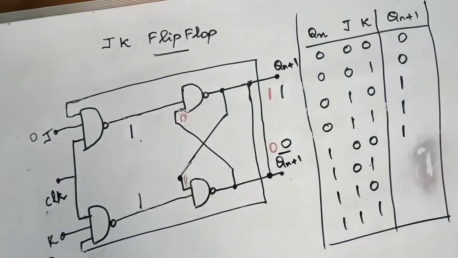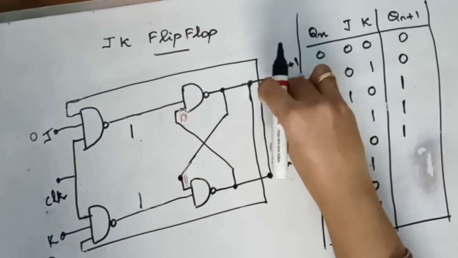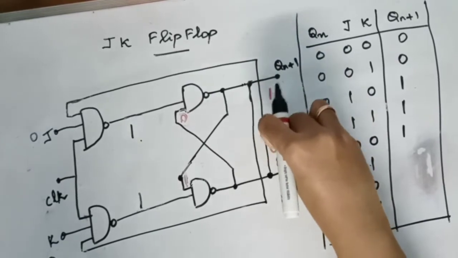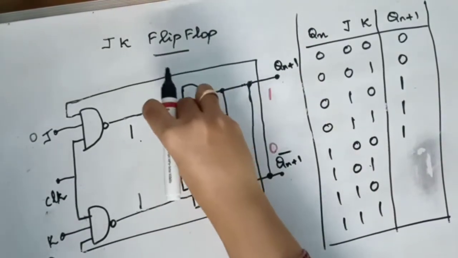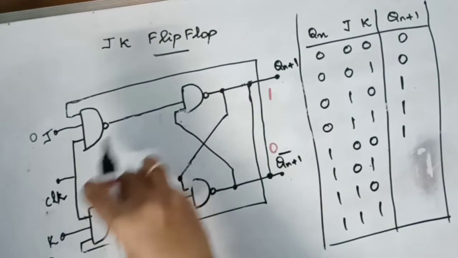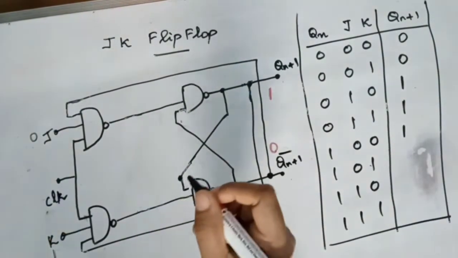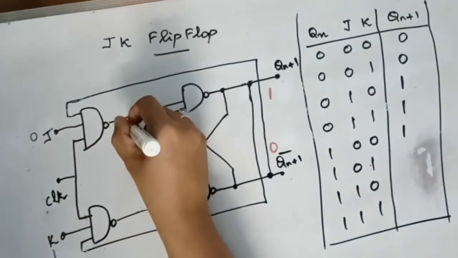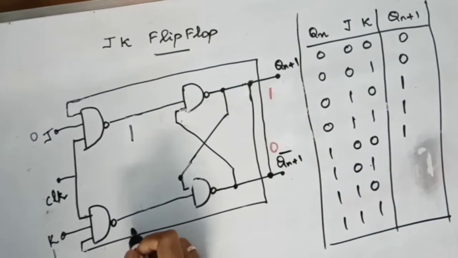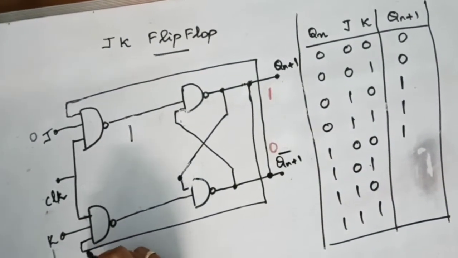And next is again previous state is 1. Input changes to 0 1. So this output is 1. This you can't say what the output is unless you know the third input.